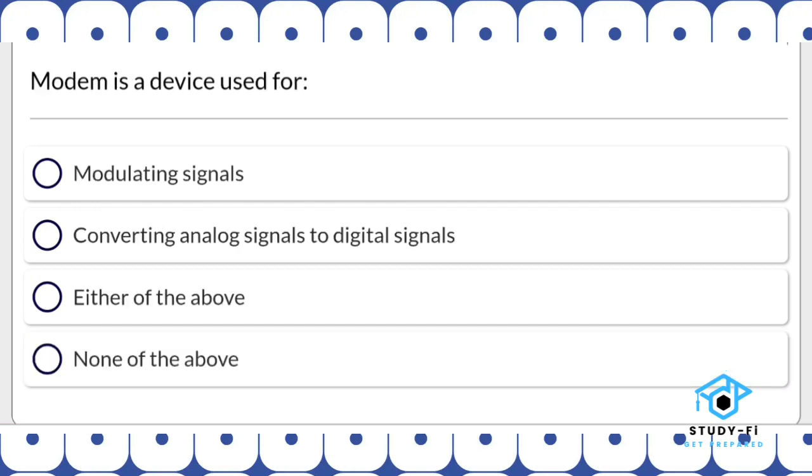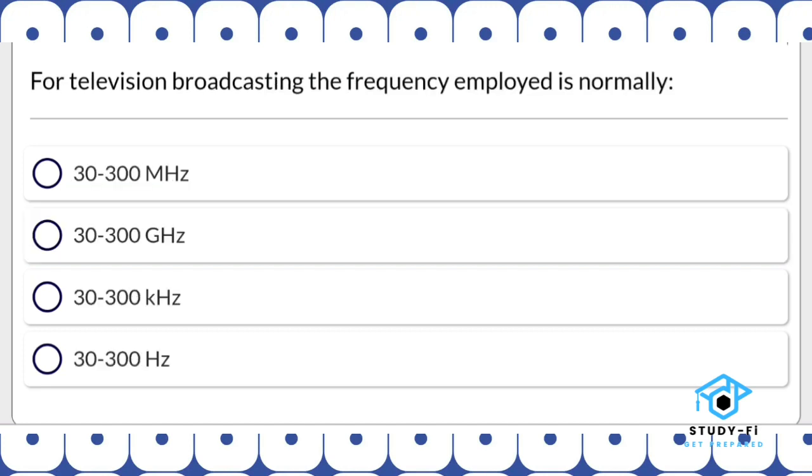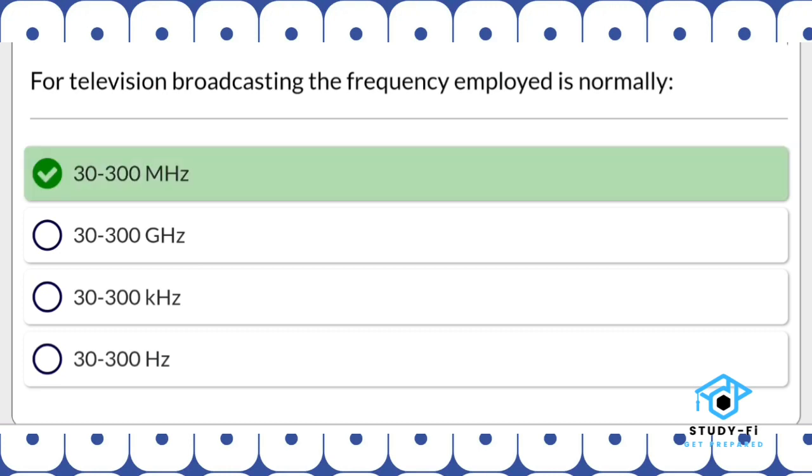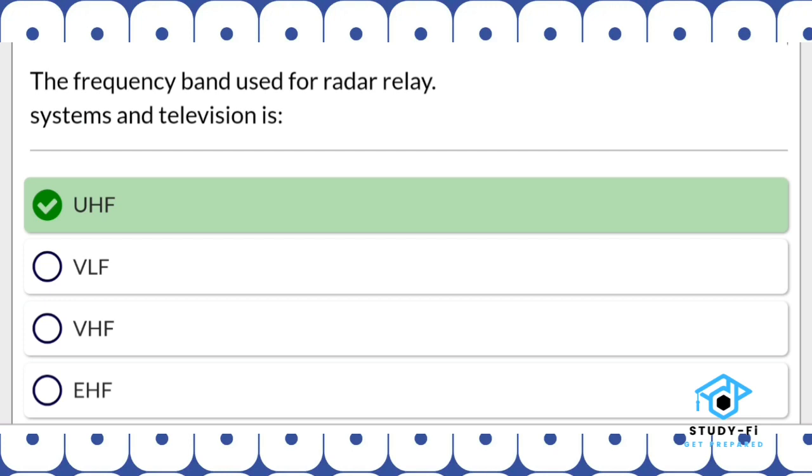The waves relevant to telecommunications is microwave. Modem is a device used for converting analog signals to digital signals. For television broadcasting, the frequency employed is normally 30 to 300 MHz. The frequency band used for radar relay systems and television is ultra high frequency.